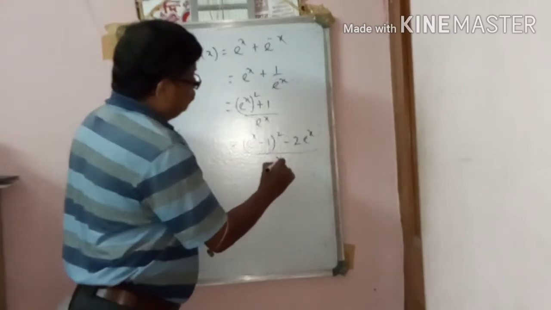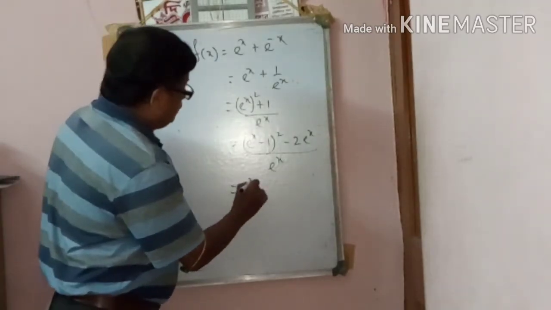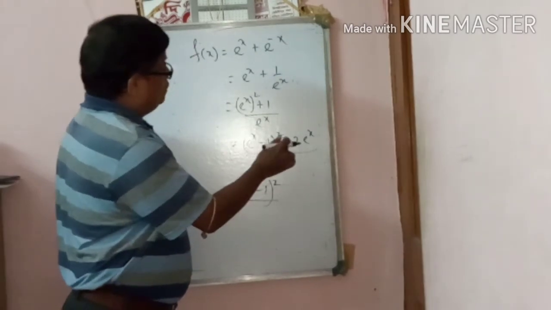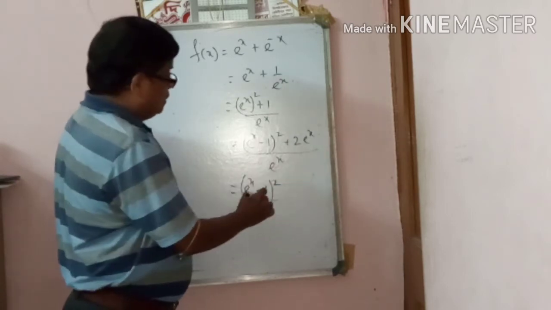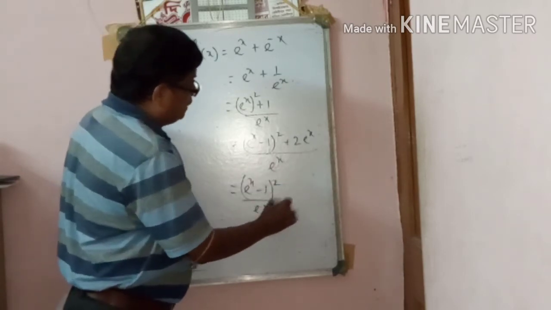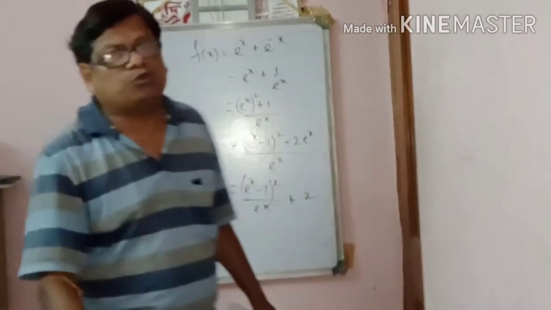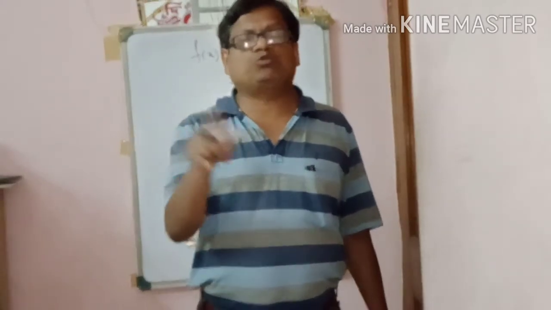by e to the power x. Okay, now (e to the power x minus 1) whole square by e to the power x, again write it, sorry, this is plus, a minus becomes plus 2, so it will be plus whole square by e to the power x plus 2. This part, the value of e, all of you know, lies between 2 and 3, approximate value 2.71.